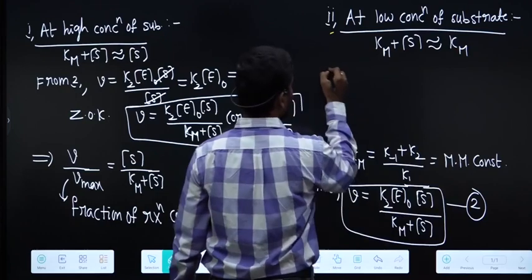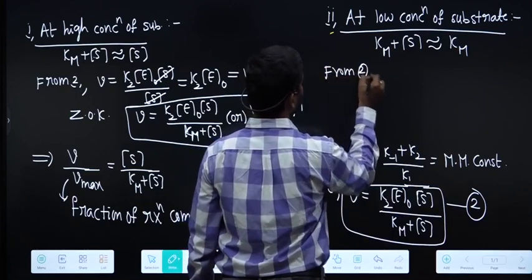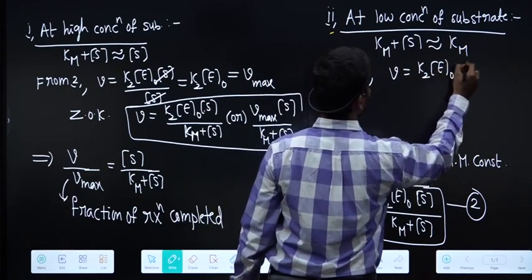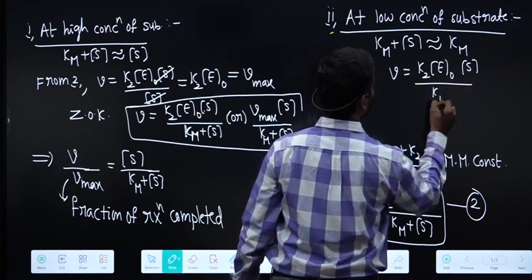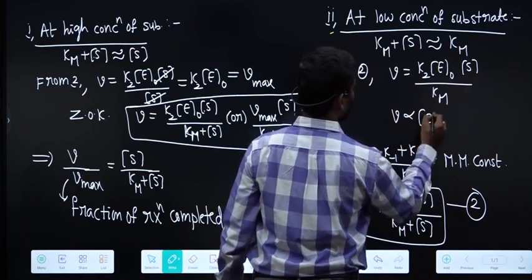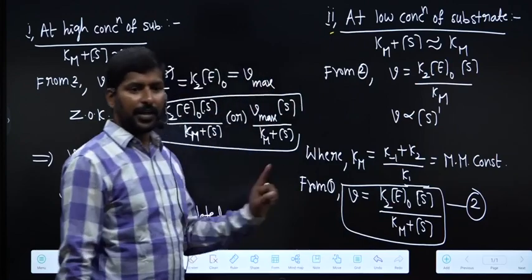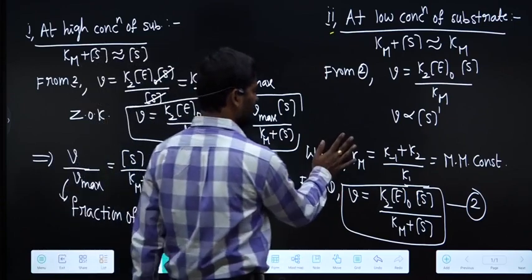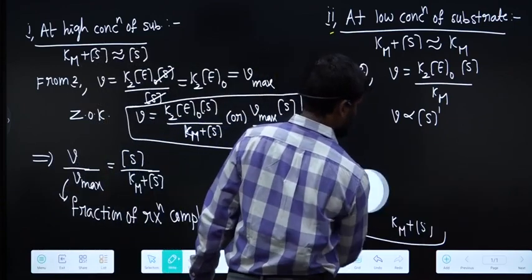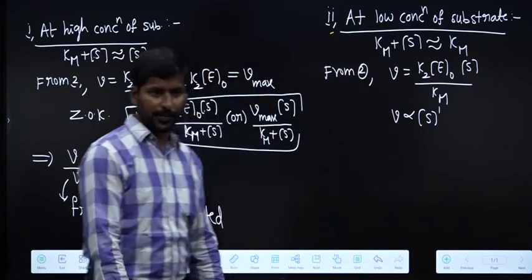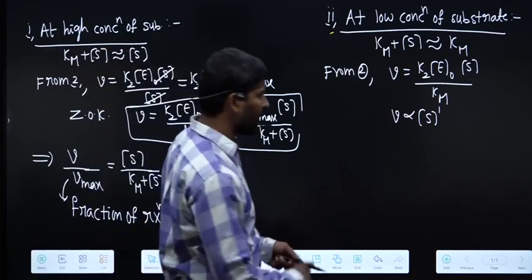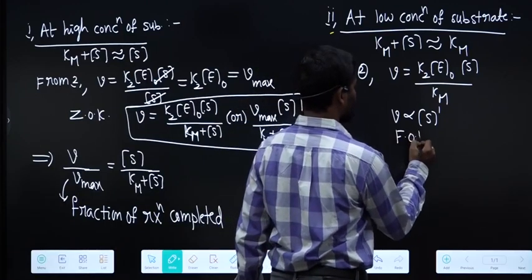So Km. So from 2 we get V is equal to K2 into E naught into S by Km. Therefore, what is the relation between rate and concentration of substrate? Rate is proportional to concentration of substrate power 1. That means enzyme catalysis reactions follow first order kinetics at low concentration of substrate.